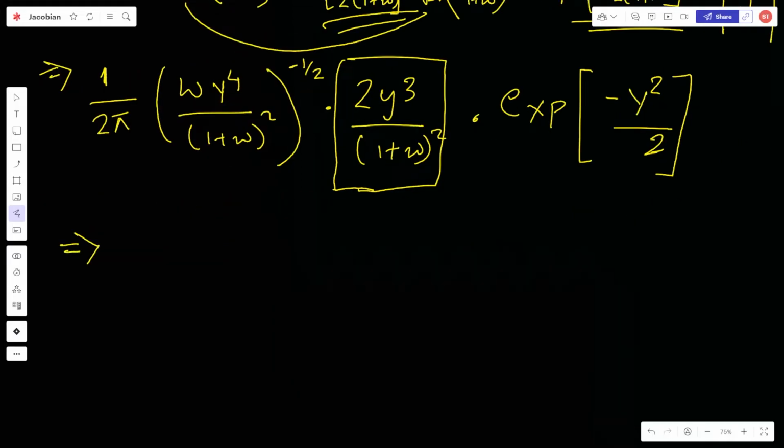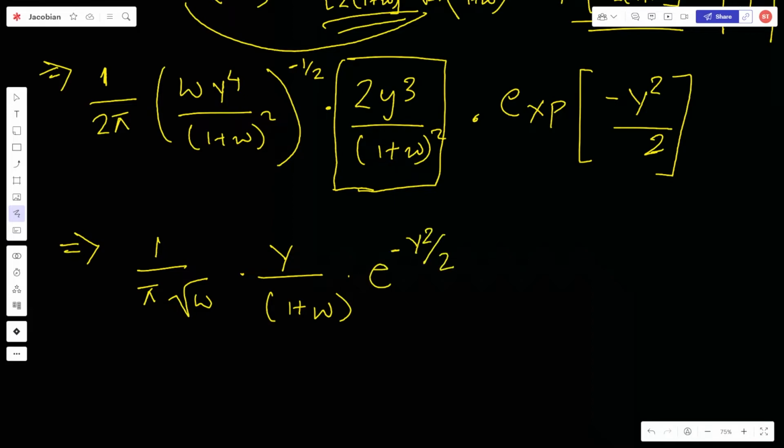Simplifying the above equation, we get 1 divided by pi root w times y divided by 1 plus w times e raised to the negative y squared over 2.